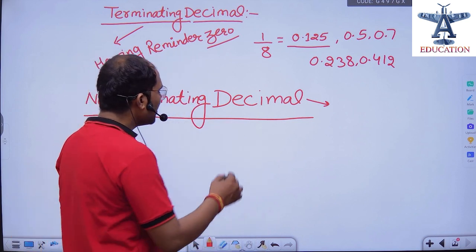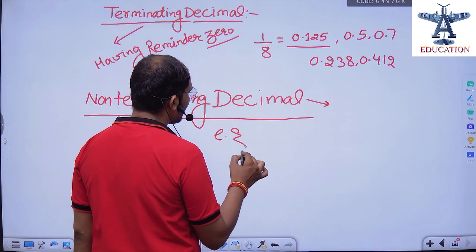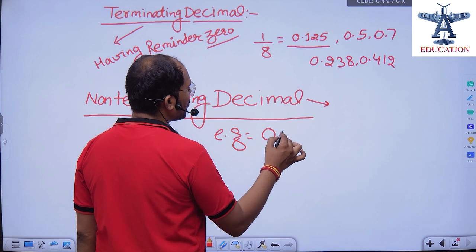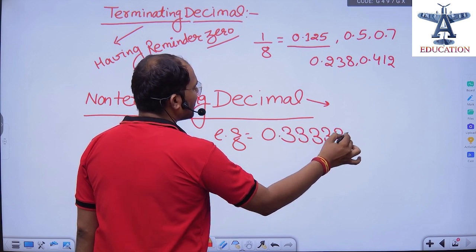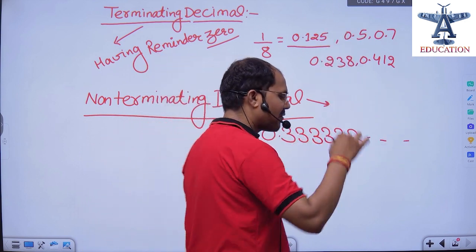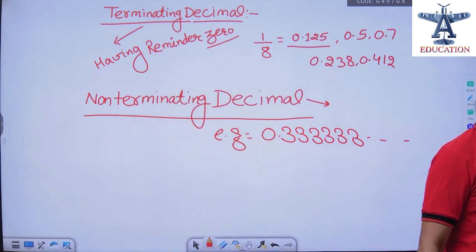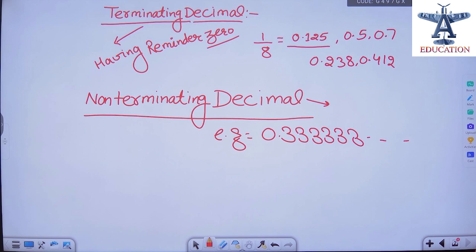For example, 0.33333 up to infinity is a non-terminating decimal.